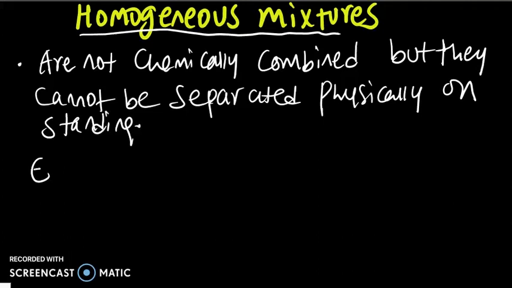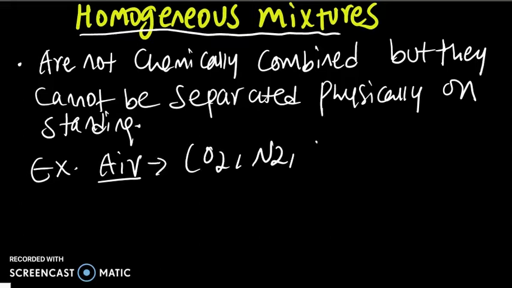So what examples of homogeneous mixtures do we have? First of all, we have air. Air is the perfect example of a homogeneous mixture. Air is composed of many gases such as oxygen, nitrogen, argon, and so on. Each substance in air retains its original property and can act on its own.